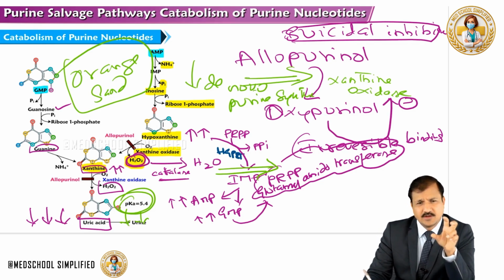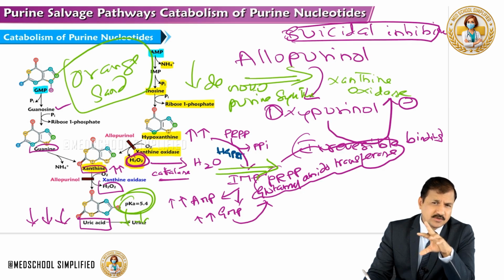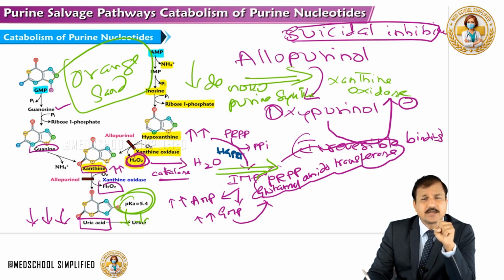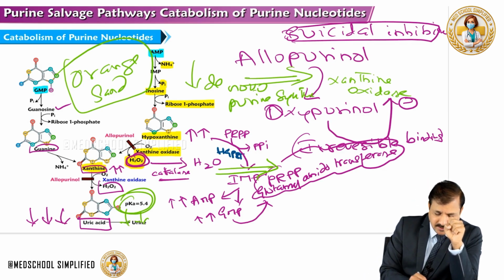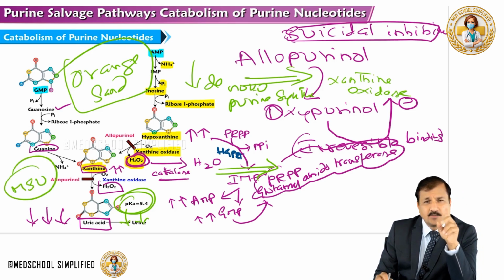If the urine pH goes less than 6 or even less than 5, that may lead to precipitation of uric acid as urate crystals, usually monosodium urate crystals, MSU. Mono means one, monosodium urate crystal.